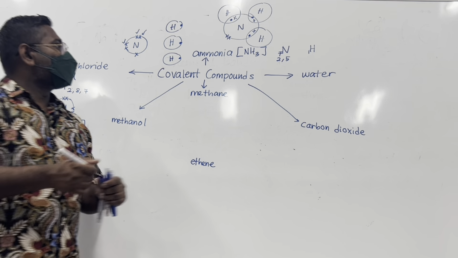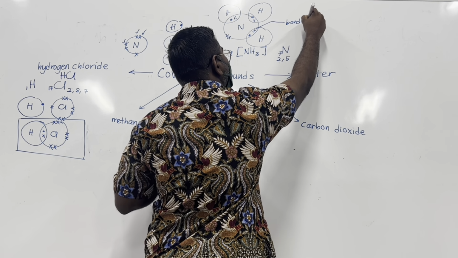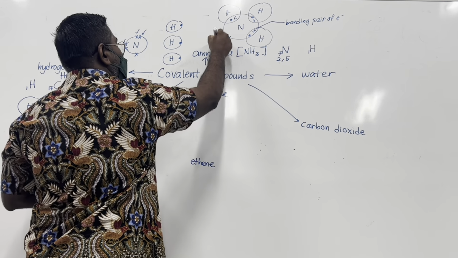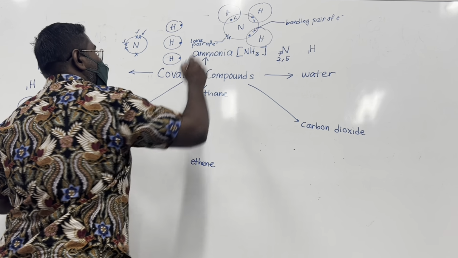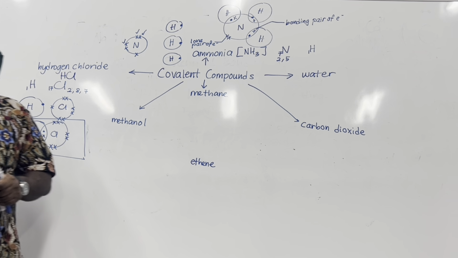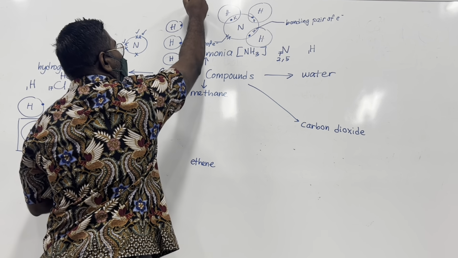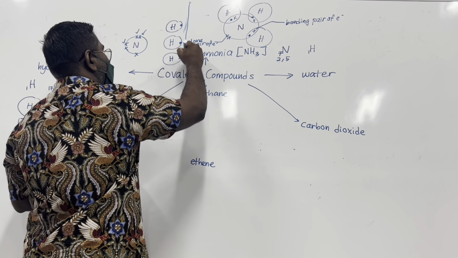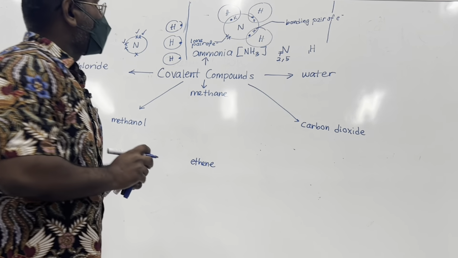If you want to know, this is called a bonding pair of electrons, and this is called a lone pair of electrons, because they are alone. So that is going to be the structure for ammonia, the cross dot diagram for ammonia.